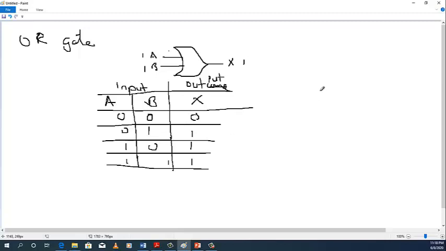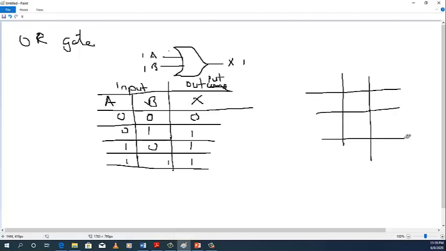So there is another way in which we can also represent the truth table. I don't know which one will be flexible for you. I use 2 methods, but I didn't want to present the 2 methods at the moment.